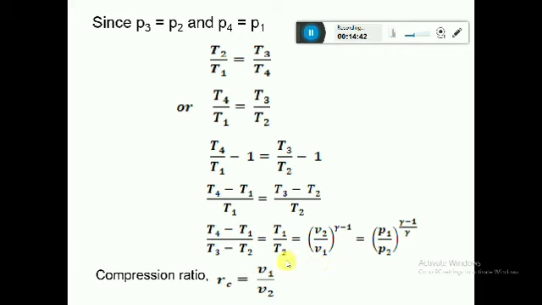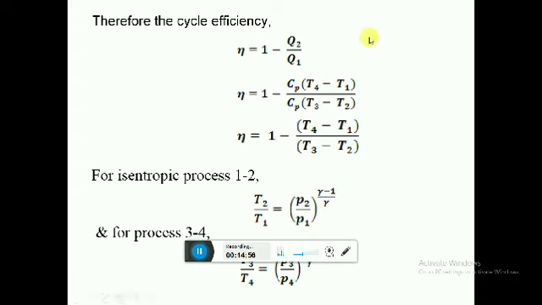We know that compression ratio is equal to volume V1 by V2, that is the swept volume plus the clearance volume, the initial volume V1 divided by the final volume V2. We know our equation that efficiency is equal to 1 minus T4 minus T1 divided by T3 minus T2.